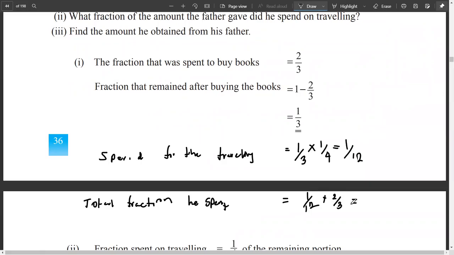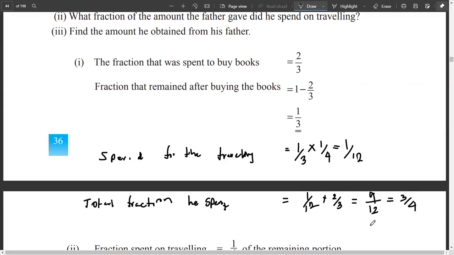The common denominator is 12. So this is 8 and 9 over 12. So the total he had spent, we can simplify this one, right? So it's 3 over 4.